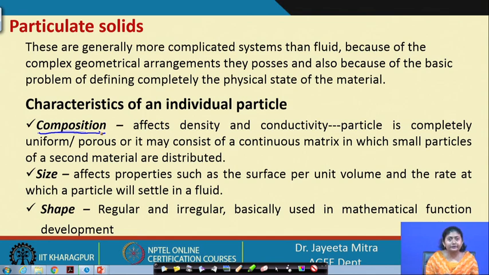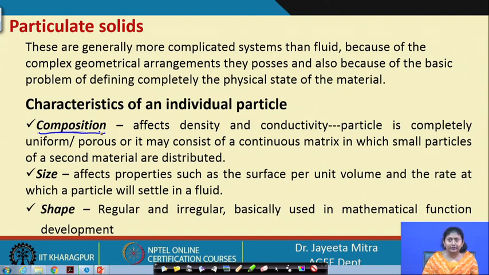If it is of one grain particle, it will have uniform characteristics. If it is a mixture of different grains, its composition will vary. So, composition is one important thing that affects the density of the product and also its conductivity, for example thermal conductivity or heat transfer.